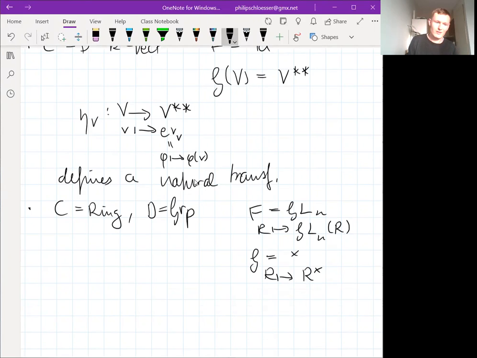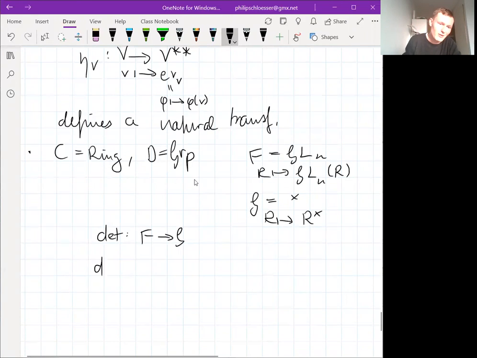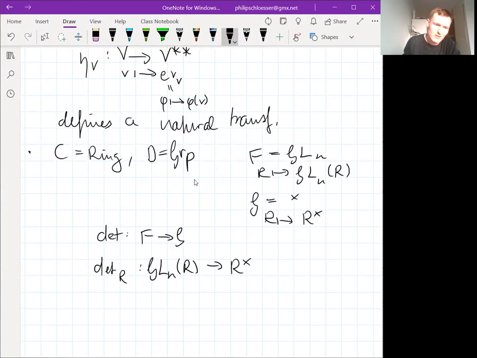Then we have a natural transformation from F to G called the determinant. For a specific ring, it is just a map from GL_n(R) to the units. What does it do to a matrix?